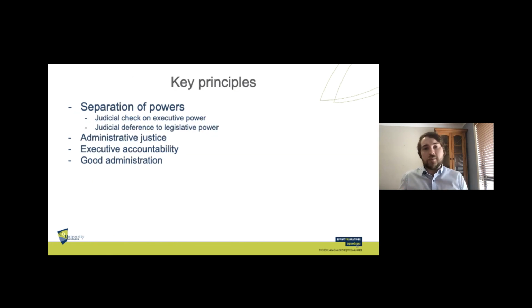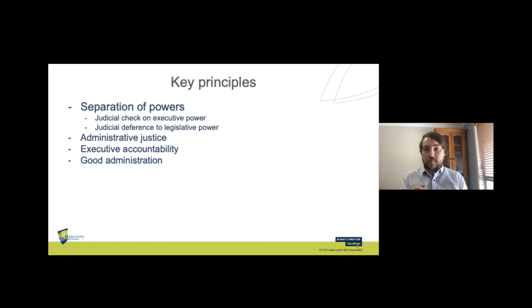So some key principles that are going to guide us through this course include the separation of powers, which you'll be familiar with, hopefully. The separation of government power into the legislature, the executive, and the judiciary. And in particular, in administrative law, what we're interested in is the judiciary providing a check on executive power, reviewing the decisions of the executive government and making sure that those decisions have been performed properly and in accordance with the law.